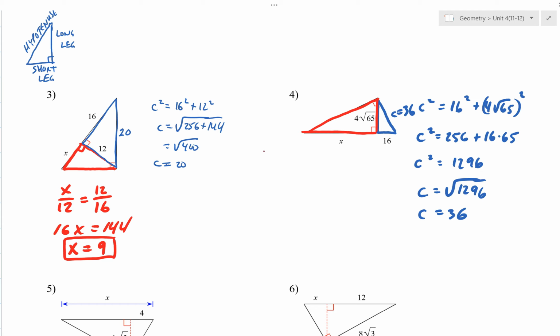So if I do short leg red over short leg blue equals long leg red over long leg blue, and then cross multiply. 16x equals 16 times 65, so x equals 65.